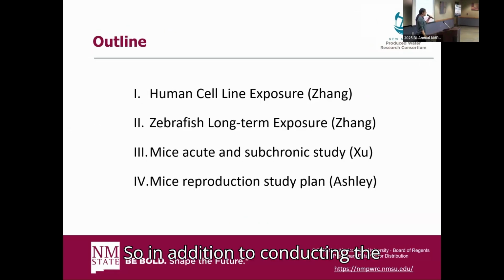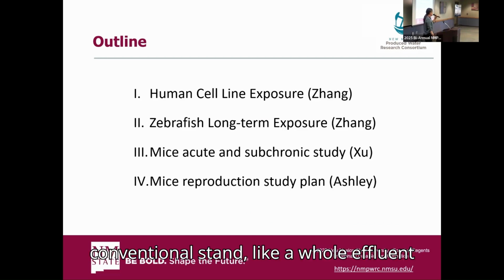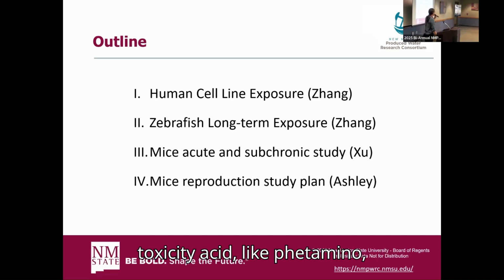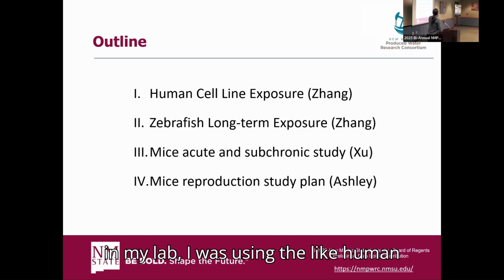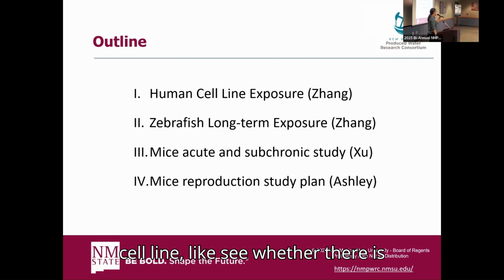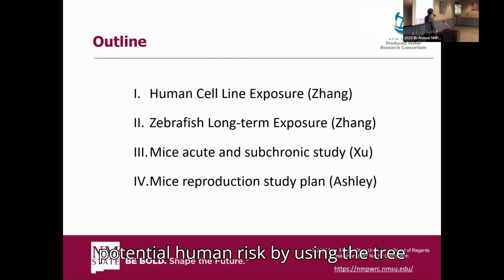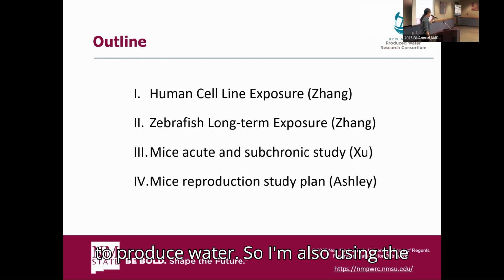In addition to conducting the conventional standard whole effluent toxicity assays, we also did other in-depth analysis to evaluate the risk of treated produced water. In my lab, I was using the human cell line to see whether there is potential human risk from the treated produced water.